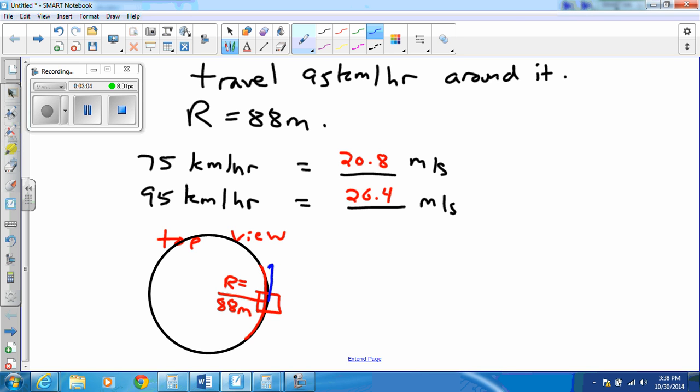And now the car is going to be traveling with a speed of, in the first instance, 75, excuse me, we did all that work, we need to use it, of 20.8 meters per second. And in the second instance, the car is going to be traveling with a speed of 26.4 meters per second.